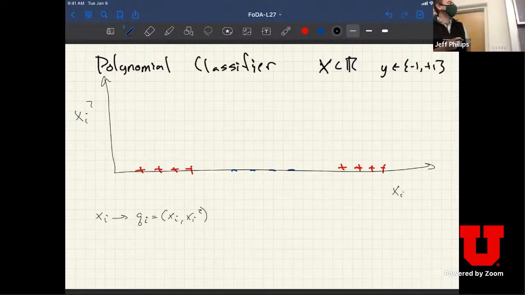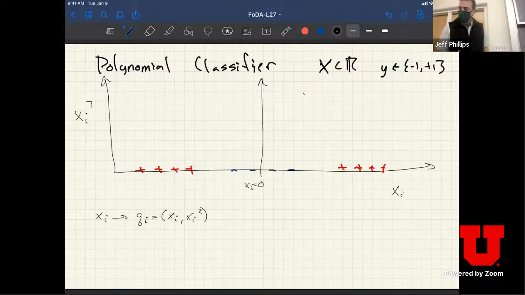I can't get a linear separator in the original points, but now if I map these to associated points with the squared value, let's set the origin here, so this is xi equals 0. That maps all points onto a parabola.